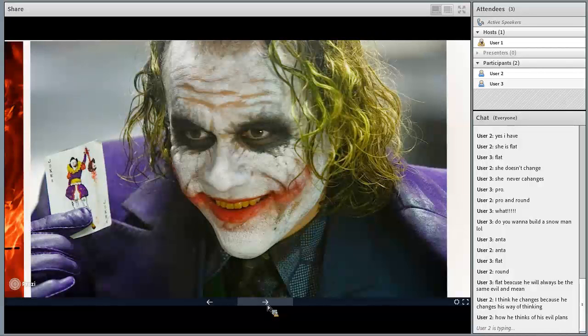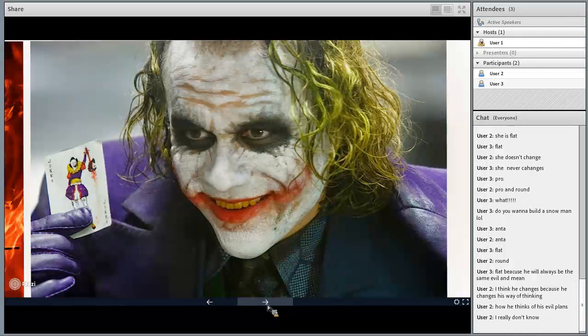it's very complex. So that's why he's kind of both, he could go round or flat. He doesn't really change as far as going from a bad guy to a good guy or having this newfound sight about anything. He's still kind of crazy from the beginning to the end, but he's not a simple character.